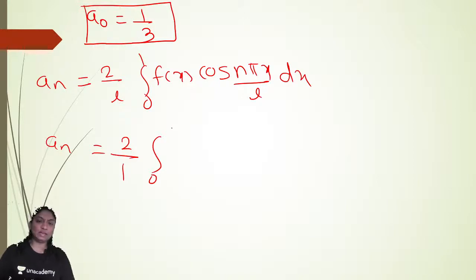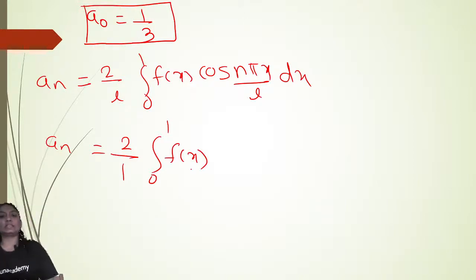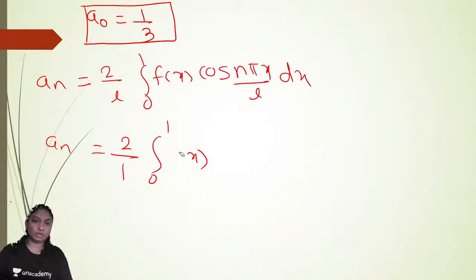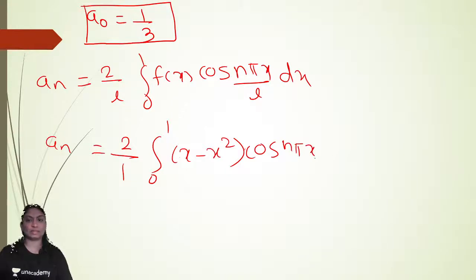So 2 by 1 integral from 0 to 1 f of x, which is given as x minus x square, right? So here you will get x minus x square into cos n pi x. Here L is equal to 1, right?